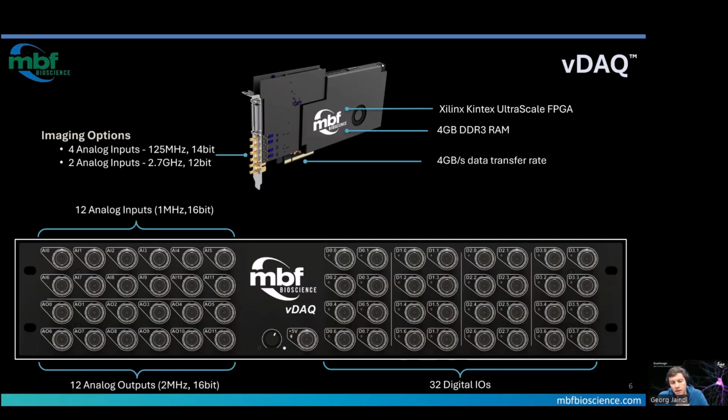And in the breakout box, you see we have 12 analog inputs, 12 analog outputs, and 32 digital inputs and outputs. So the design goal, when we came up with the specifications for the VDAC, we basically thought of the most complicated microscope we could possibly imagine and made sure that we can control that microscope. And up to this date, we haven't found a microscope that the VDAC can't handle.